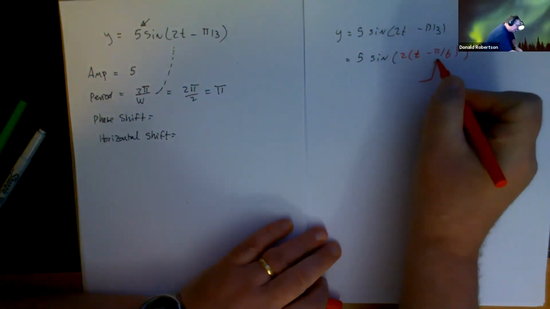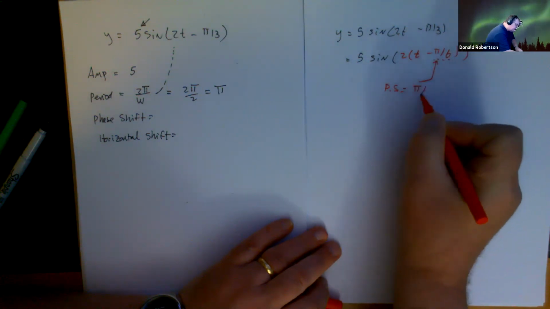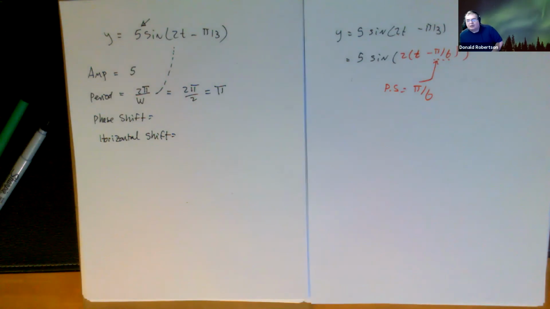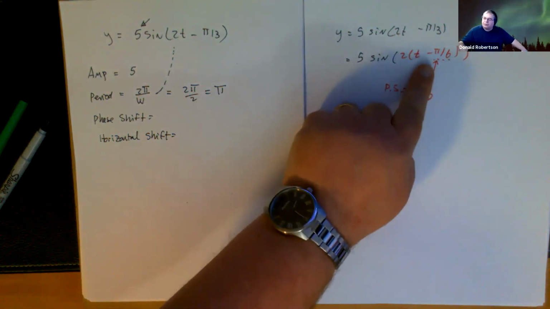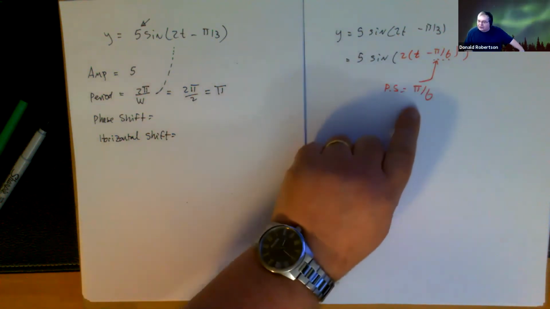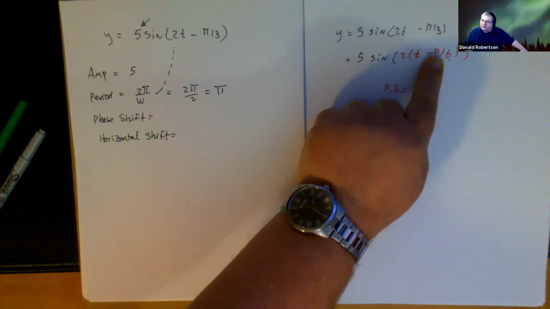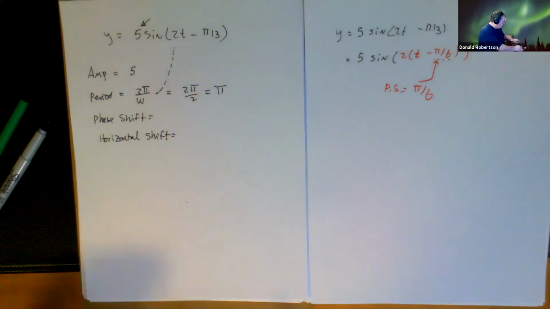Now, if you write it this way, this guy here, call it PS for short, is the phase shift. And the last little thing about phase shift is, if you move it to the right, isn't it pi upon 6? So won't negative 2 be to the right 2, right? And negative pi upon 6 is to the right pi upon 6. So phase shift is positive when that guy is negative. Now I said that there's two ways to do this.